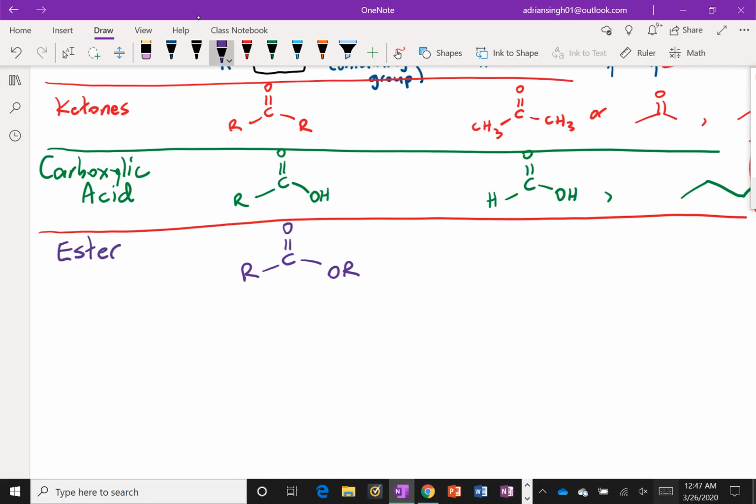So it looks similar to a carboxylic acid, but now instead of that H attached to the O, we have another R group. So for instance, we can have something that looks like this. Your ester would be this connection right there.